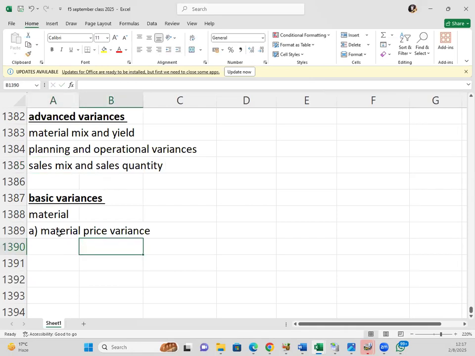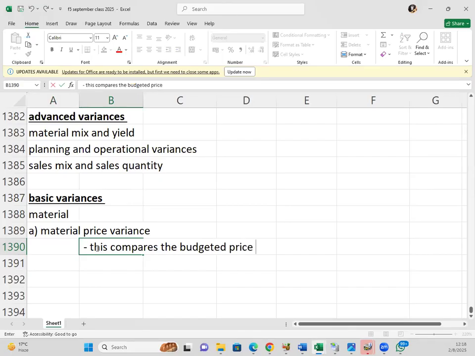For the material variances, we can start with the material price variance. This variance looks at the difference between the price we were targeting in the market against the actual price that we paid. So this compares the budgeted price of material per kg, or per unit, against the actual price.